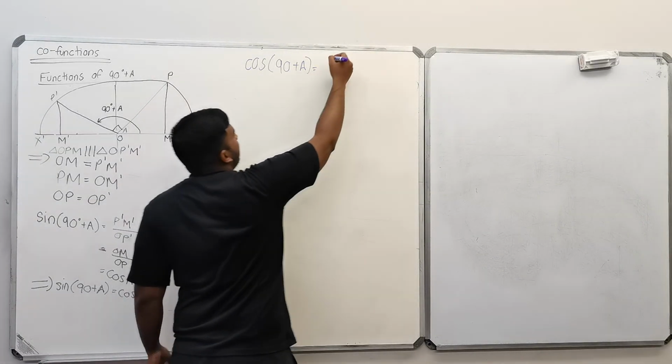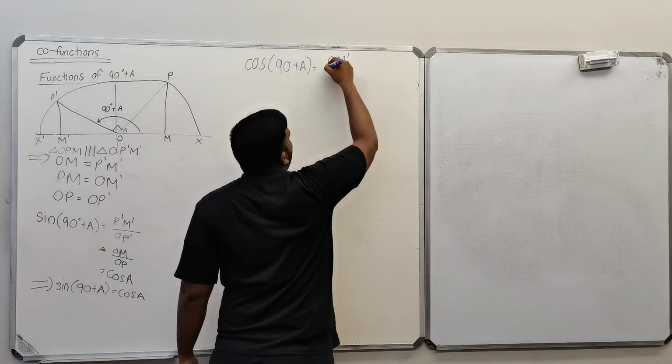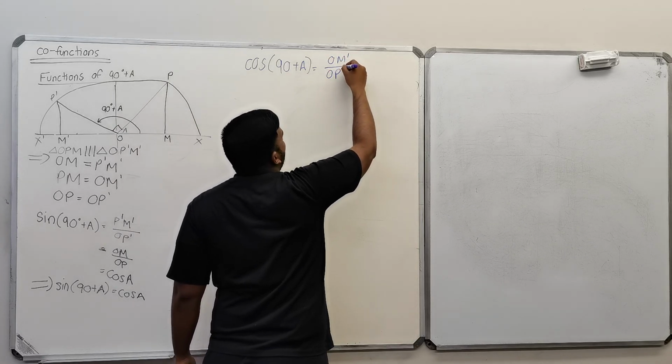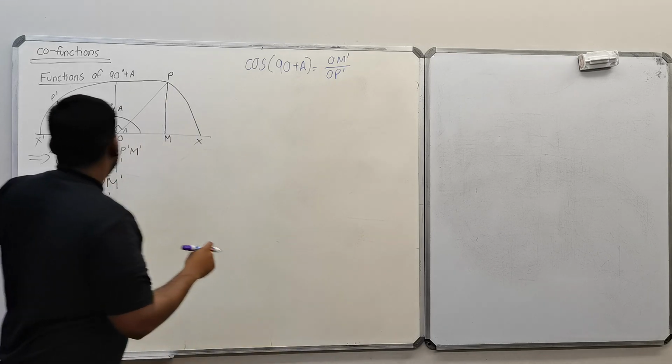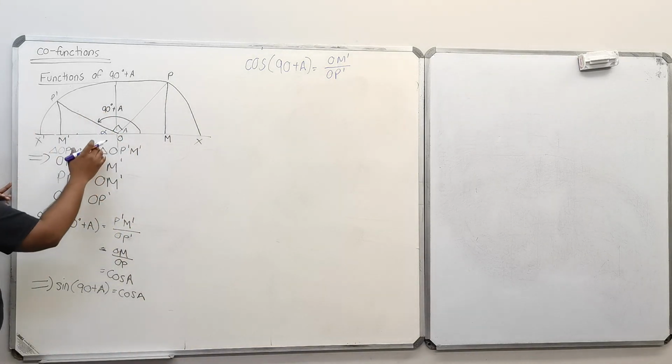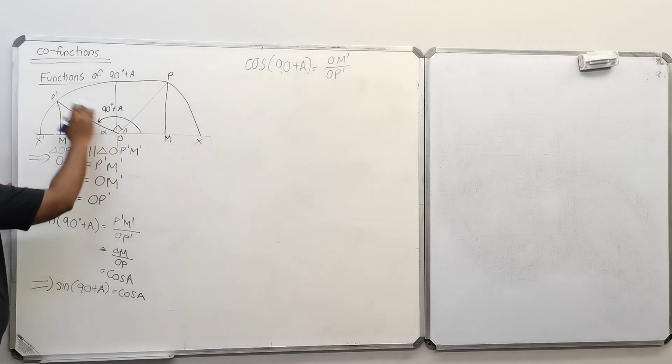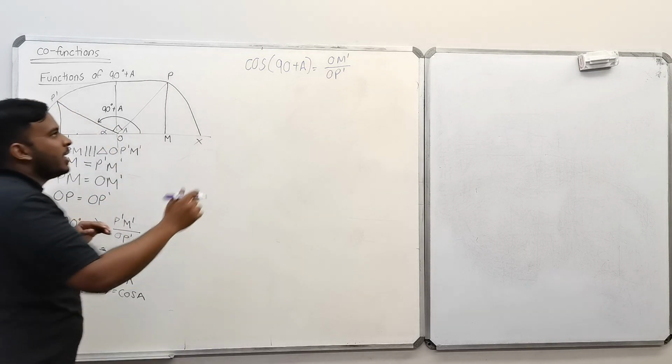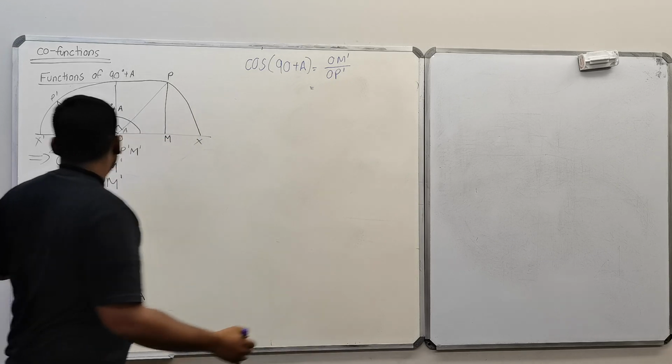So this would be OM prime all over OP prime, if this is where the angle is, equal to 90 plus A. This would be adjacent, that would be hypotenuse.